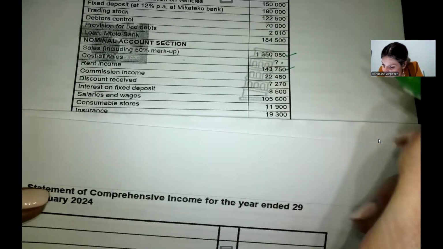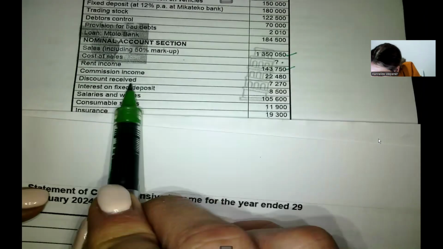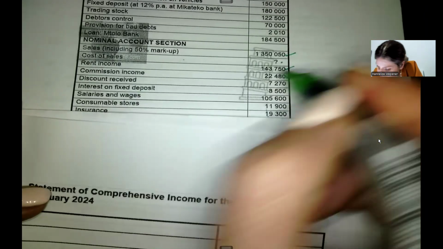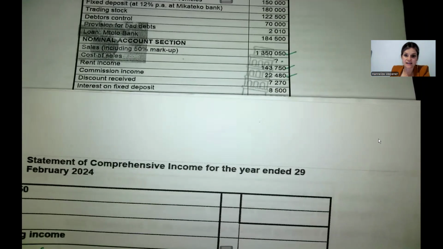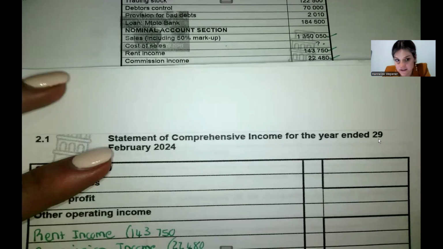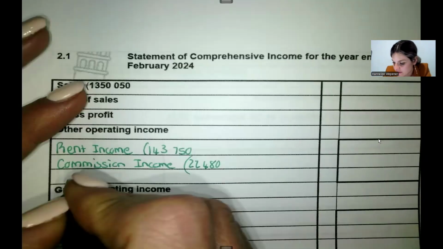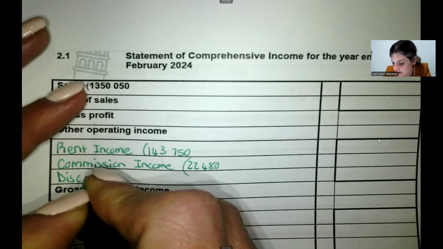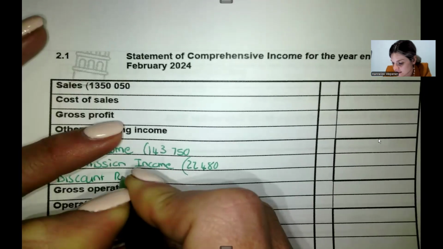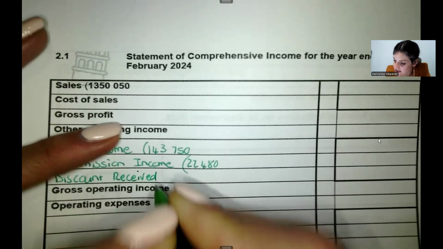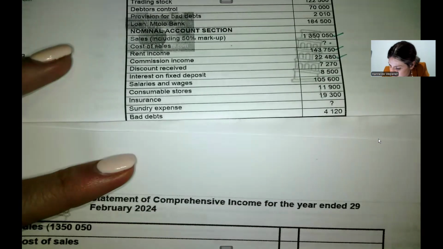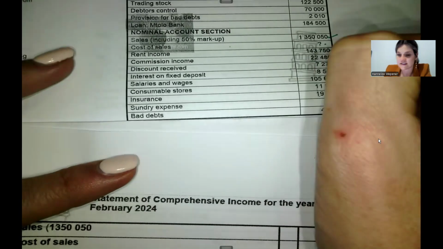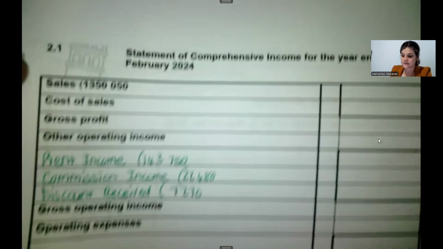Next up, I have discount received. That is another operating income. I'm just going to write the amount as is, 7,270. So I have that in my SOCI now as well.